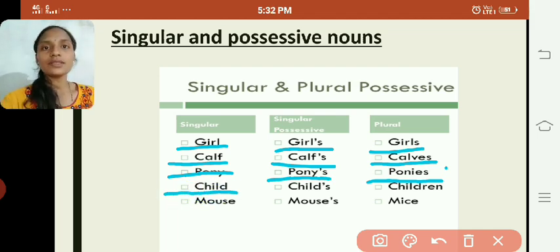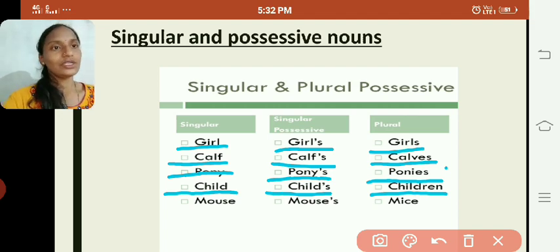Next example is child, right? So when we want to show the belonging of that child, we will use child's. Child's pen, child's pencil. Okay, so that becomes an apostrophe, becomes possession. But when it is children, there is no apostrophe s, so it is very clear.